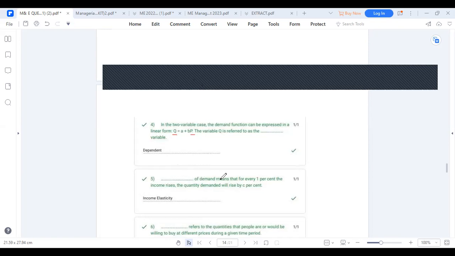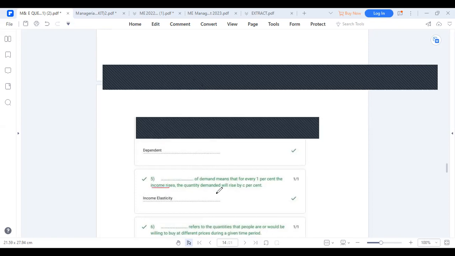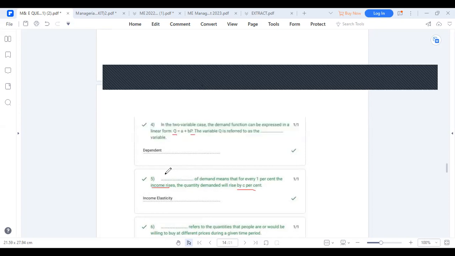Income elasticity of demand means that every 1% increase in income will result in quantity demanded rising by C units. Cross price elasticity means that a 1% increase in the price of one good results in a difference in the other good.